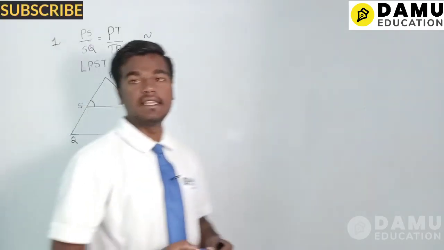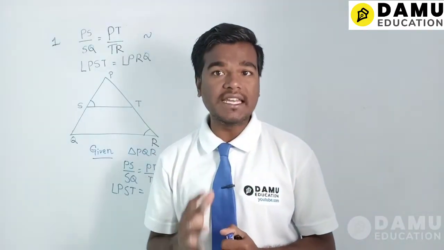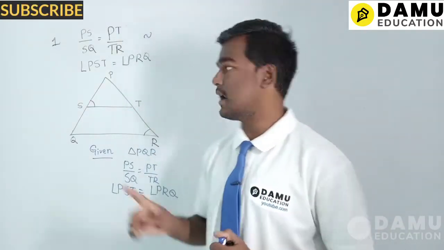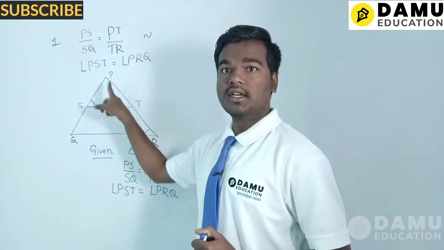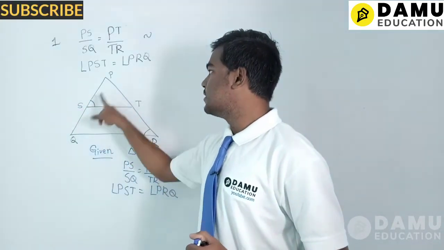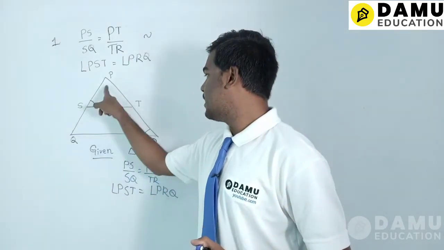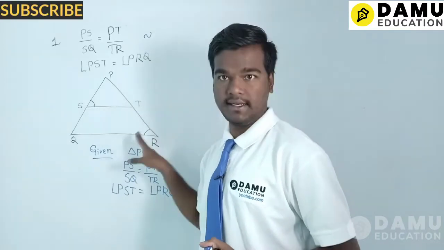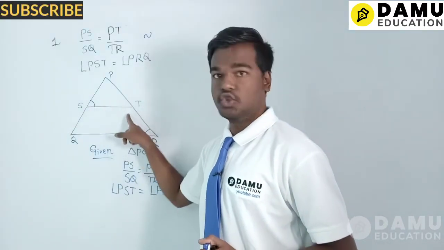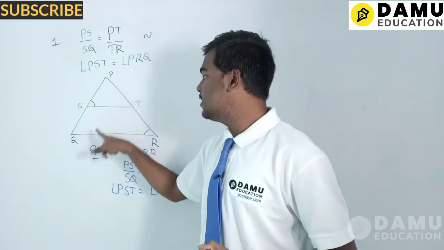So, what is Thales theorem? Thales theorem explains that if you draw a line joining the midpoints of two sides, here ST, where PQ and PR are the two sides, then that line is parallel to the third side.